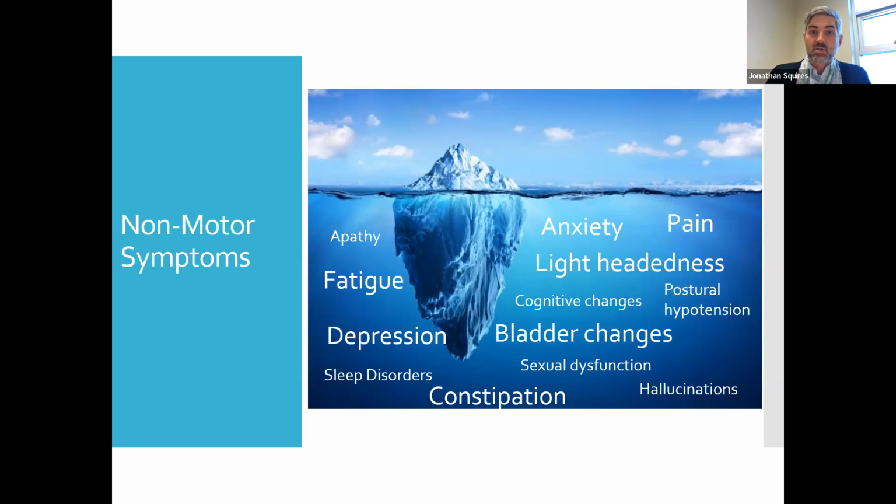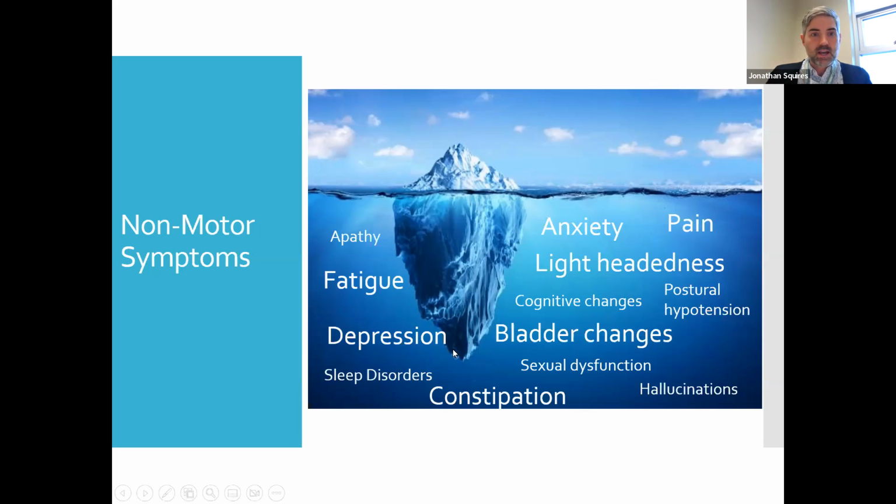But not all of these things are dopamine related. Parkinson's disease is much more complicated than that. Other chemical messengers are affected, and other brain networks become affected as the disease progresses. So not everything is really about dopamine, and that's where some of the limitations of the treatment that we have come in, which you'll hear more about tomorrow with Dr. Raston.